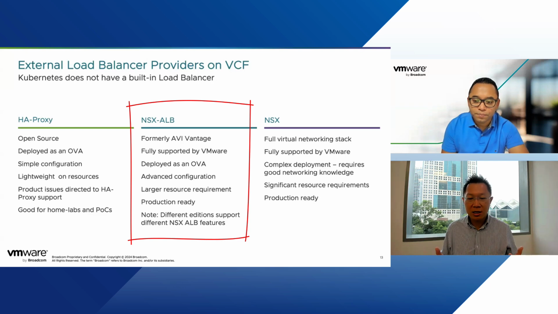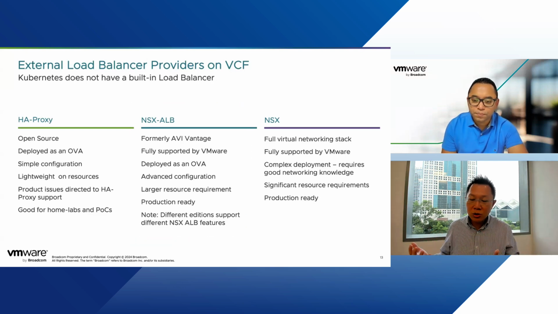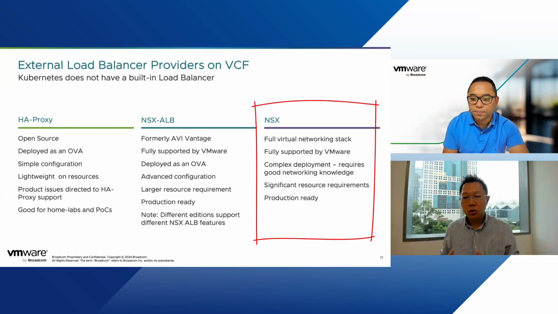So you can start using the NSX ALB already. With that, you can also use it as an ingress controller for TKGs. That's NSX ALB. Yeah. You also have the third option, where you use the native NSX. In NSX-T, it comes with a load balancer. You can still use that as well. Yeah, I think if you're talking about a production setup, especially for our customers or partners, either AVI or the NSX native load balancer. Right.